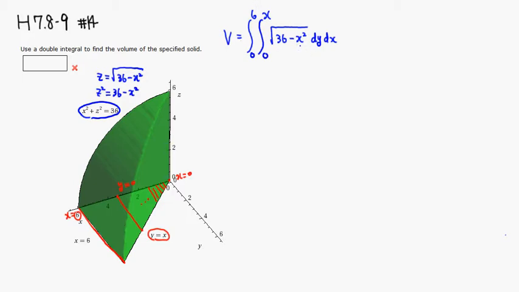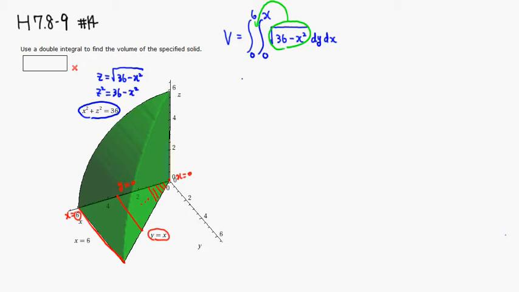For the inner integral, since we're integrating with respect to y, this square root of 36 minus x squared is actually a constant, so we can place it in front of the inner integral. Then you just have to integrate 1.